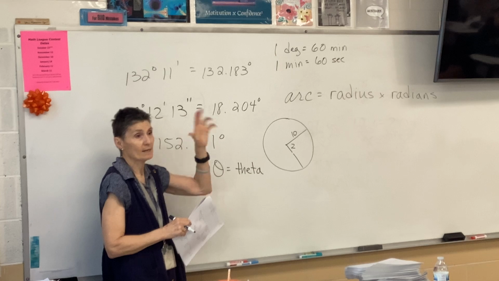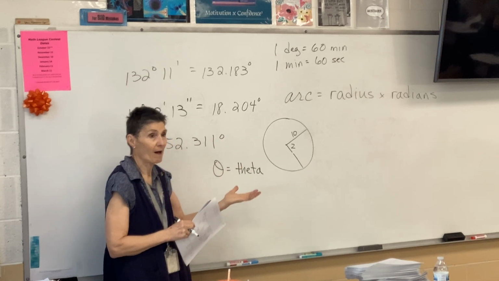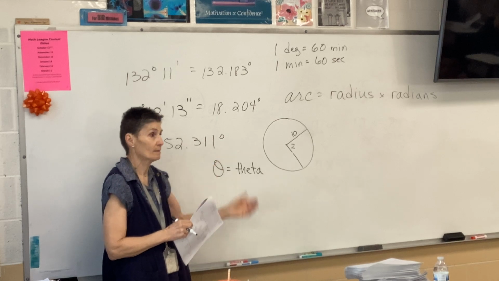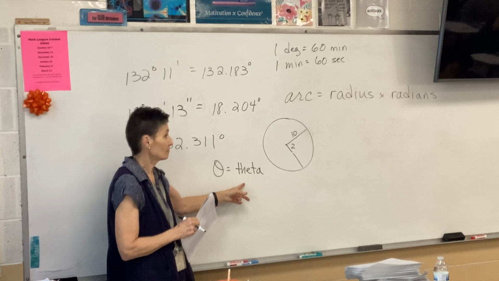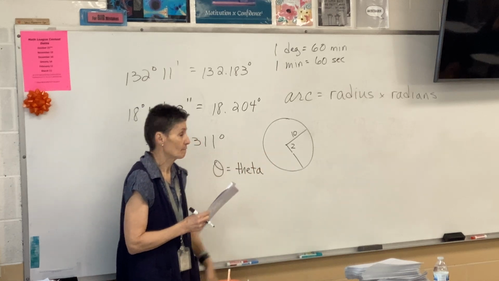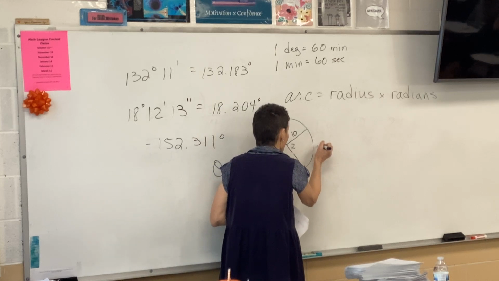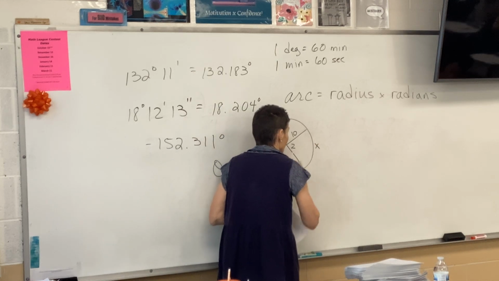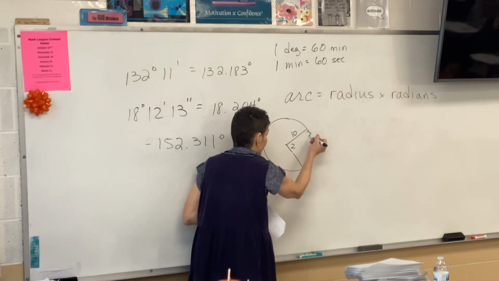Trigonometry was studied and developed by the Greeks, so we use the Greek alphabet a lot for our variables: alpha, beta, gamma, theta. This happens to be a theta. It's like an X. All right, and our job is to find the arc length. That's our job. This right here.